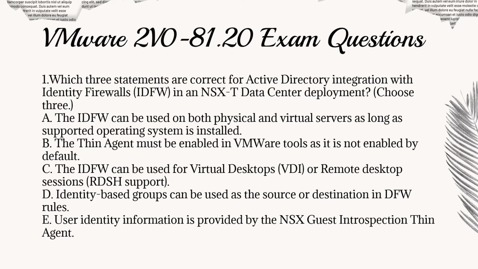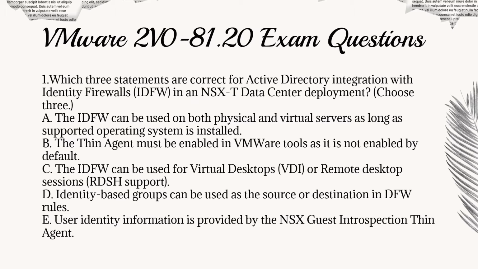Which three statements are correct for Active Directory integration with identity firewalls (IDFW) in an NSX-T data center deployment? Choose 3. A. The IDFW can be used on both physical and virtual servers as long as a supported operating system is installed. B. The thin agent must be enabled in VMware Tools as it is not enabled by default.